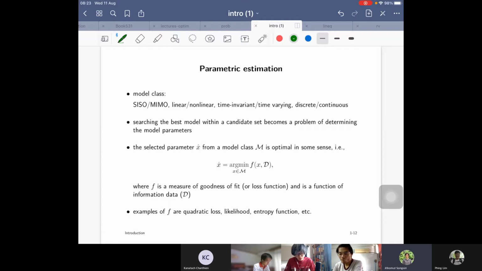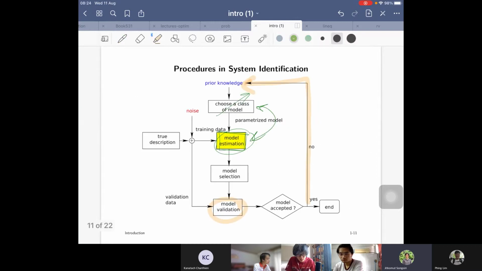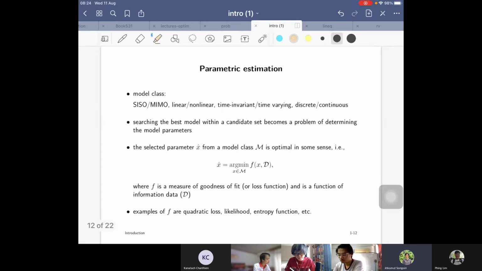So from this diagram, let me clarify this box, model estimation. What does it do? Parametric estimation starts with the user. A user picks a model class.